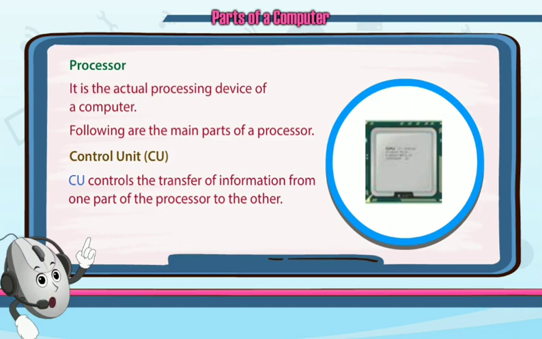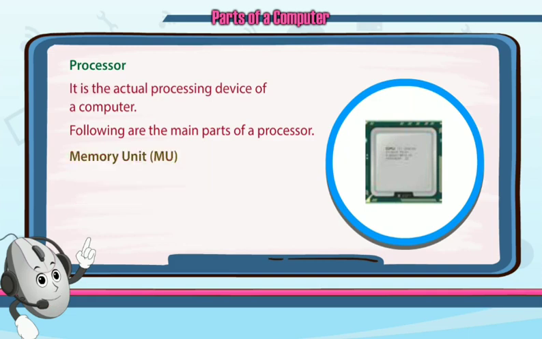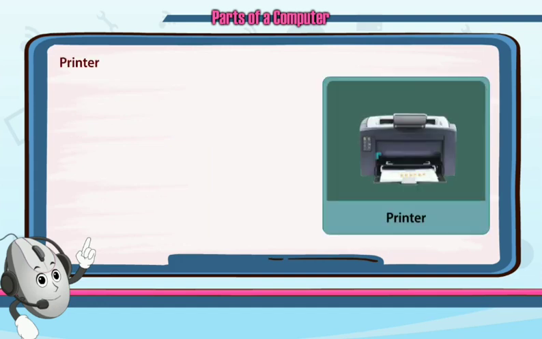CU, control unit. CU controls the transfer of information from one part of the processor to another. The instructions we give are sent from one part to another by the CU. Next one is MU, memory unit. MU stores data in a computer.